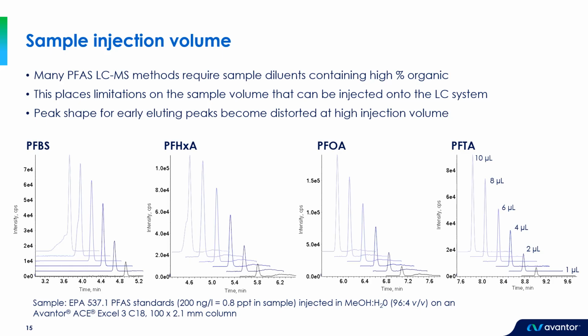However, for PFBS and PFHxA, which elute earlier, we find that injection volumes of 1 to 4 microliters are fine, but as we move to 6 microliters, you can maybe just about see that for PFBS we start to have some distortion of the peak shape, and then as we move to 8 or 10 microliters, we completely lose the peak shape. So the requirement of using high organic in our sample diluent means that we need to very carefully consider the injection volume, and we'll touch on that aspect more a bit later on.